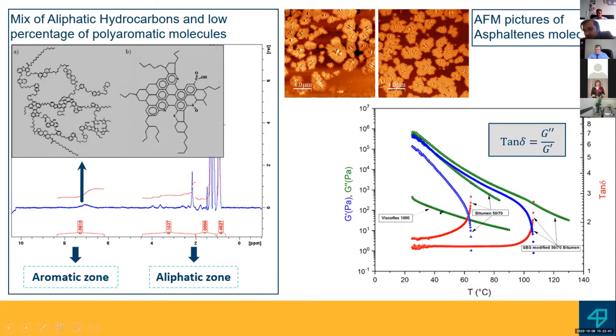The goal is to transform this into a situation of a modified bitumen. In particular, as you can note here, the bitumen modified with a polymer, SBS in this case, shows a buffering effect in which the tangent delta remains practically constant over a wide range of temperature. Okay, and this is very important.